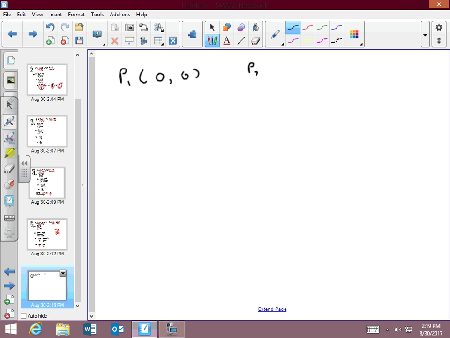The ending point is 27.14 minutes and 10,000 meters. And they say find the slope of the line between the 2 points.